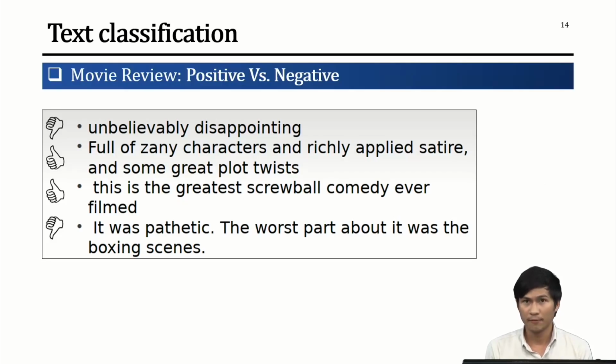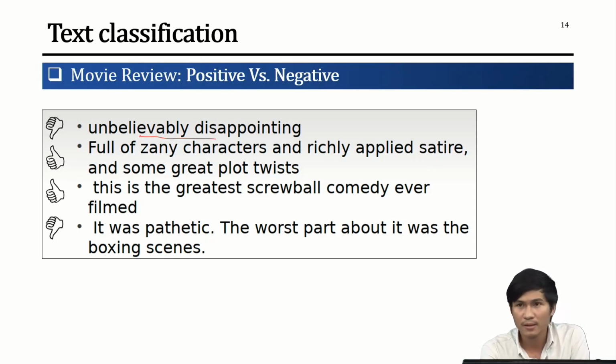In text classification, we can work on movie reviews, whether a movie is positive or negative, based on the feedback we got from our users. This can be based on the key terms used in the comments and feedback. For example, as you can see in the first bullet point here, unbelievable, disappointing.